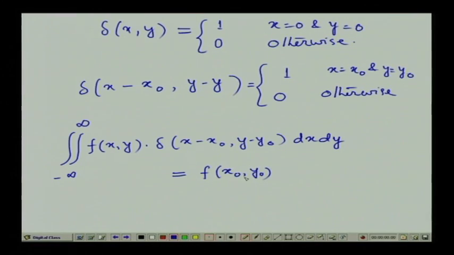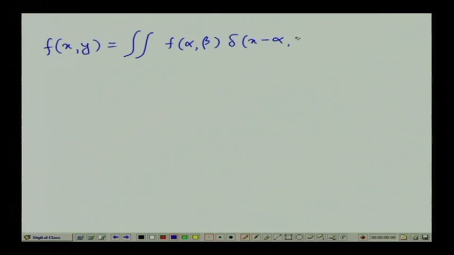So, this says that if I multiply a two dimensional function f x y with the delta function delta x minus x naught y minus y naught and integrate the product over the interval minus infinity to infinity, then the result will be simply the value of the two dimensional function f x y at location x naught y naught.